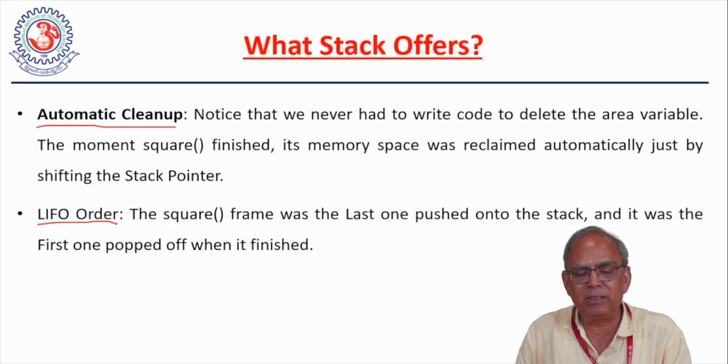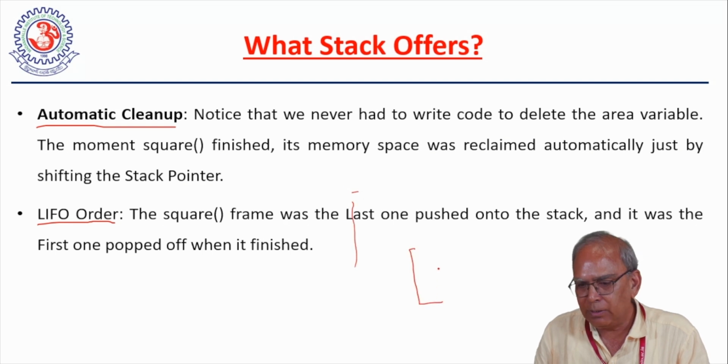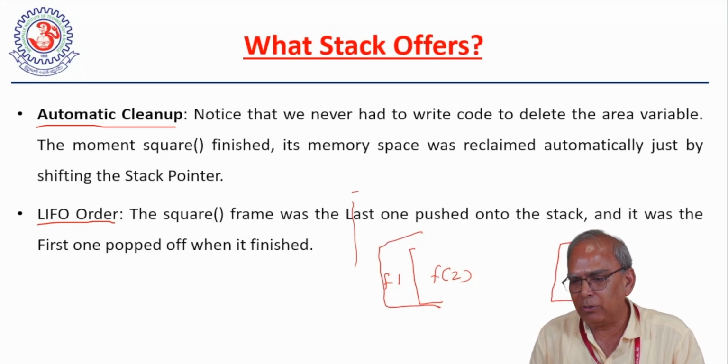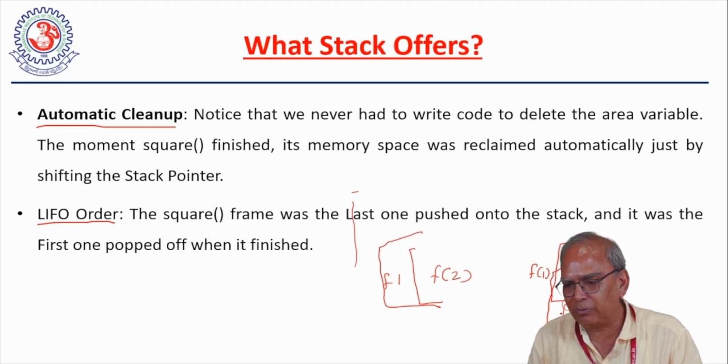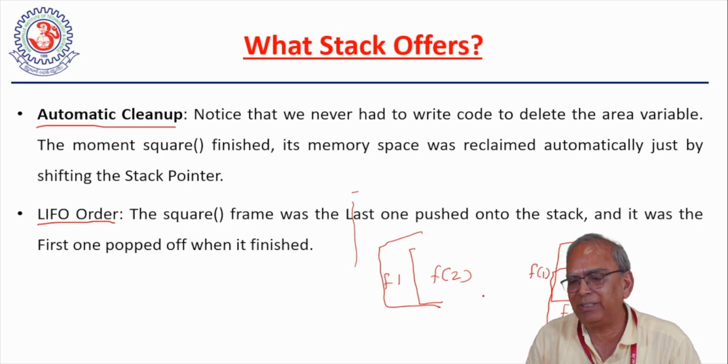We cannot have a function call this way. Suppose this is your F1, and this is your F2, the function calls need to be nested this way. It cannot be that this is your F1, and then you have your F2 this way, because then this is not nested. This is a violation.